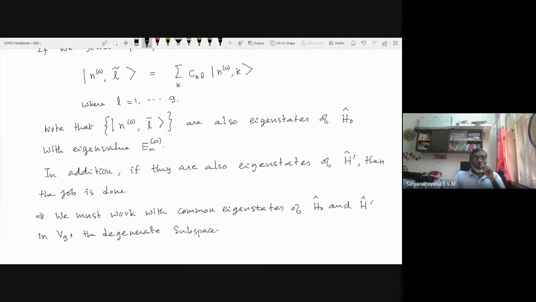Okay. Does that mean H0 and H prime should commute? Does that mean the commutator of H0 and H prime is 0?